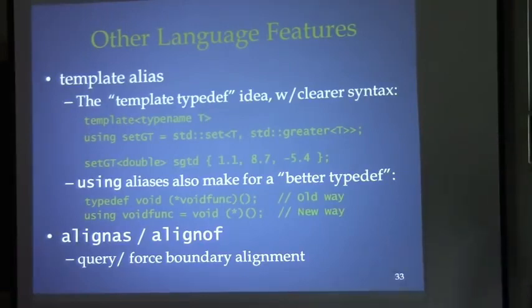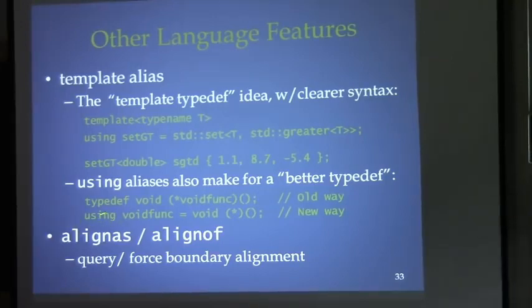cosmetic touch. Well, the using mechanism can also be used as an alternative to the old-fashioned typedef mechanism. So here's the old-fashioned typedef. Void func is a func taking no arguments, returning void. Actually, void func is a pointer to a function taking no arguments and returning void. But somebody who isn't familiar with typedef looking at this is going to get confused. I get confused looking at that.